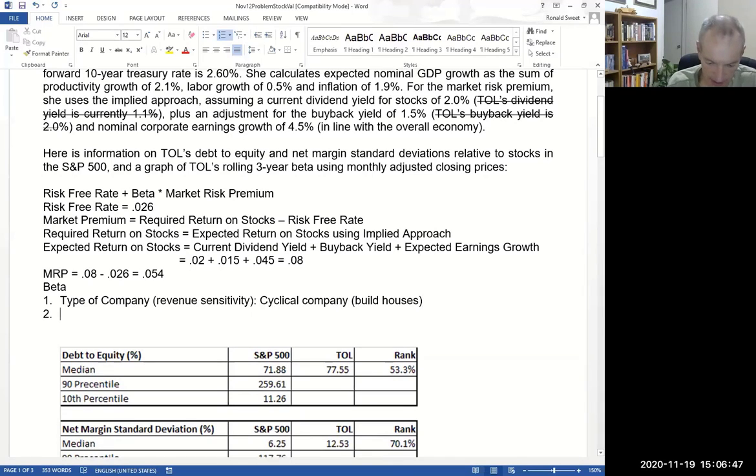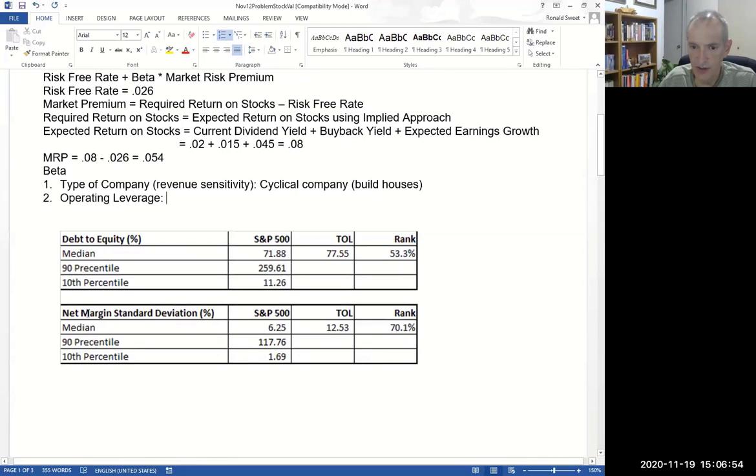The second thing is their operating leverage. So here we can look down at the standard deviation of their net margins, and it's 12.53%, well above that of the stock market.